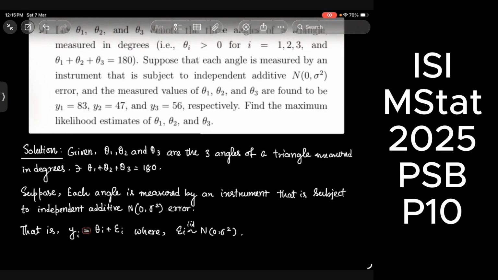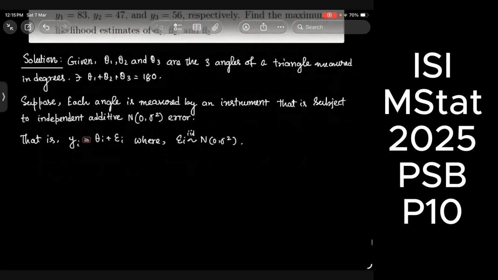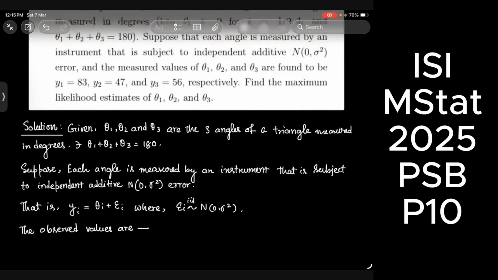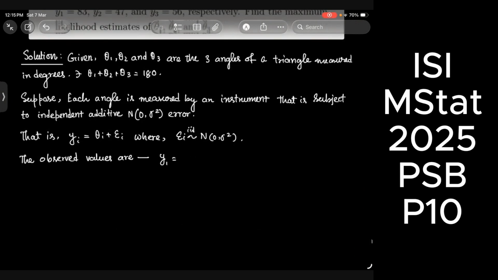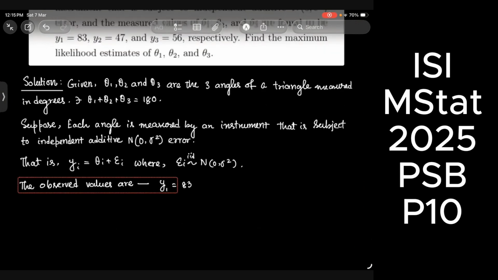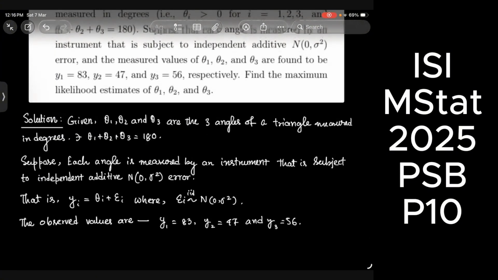So the observed values are given. Find the maximum likelihood estimate of theta 1, theta 2, and theta 3.